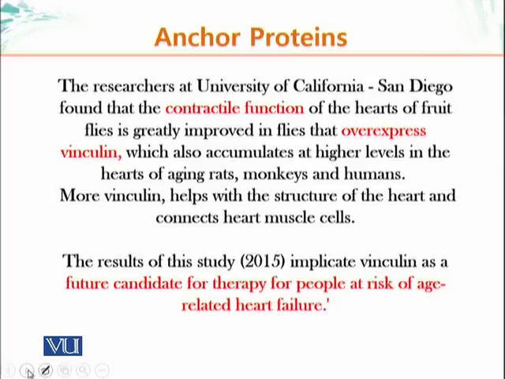So more vinculin helps with the structure of the heart and connects heart muscle cells. That is why there's an abundance of vinculin as these animals grow old. The results of these studies, published in 2015, implicate vinculin as a future candidate for therapy for people at risk of age-related heart failure.